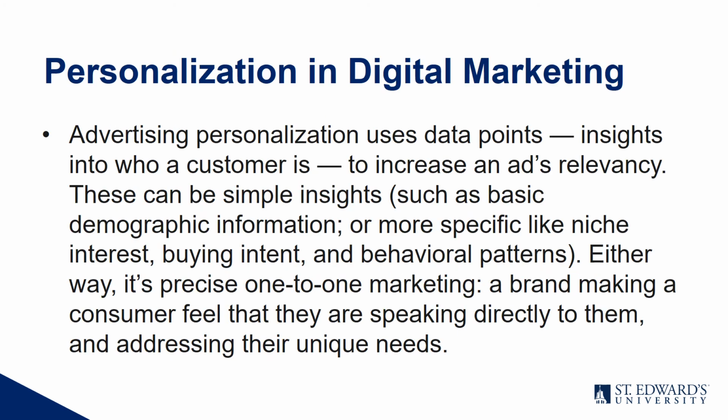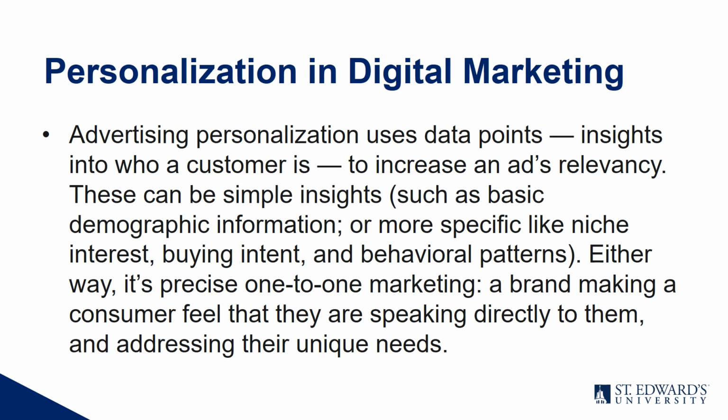So now we go down from the high level mass market segment, to more targeted segments, and now personalization, one to one marketing. Advertising personalization uses data points, insights into what a customer is, to increase an ad's relevancy. These can be some simple insights such as basic demographic information, a more specific interest, buying intent, or behavioral patterns.